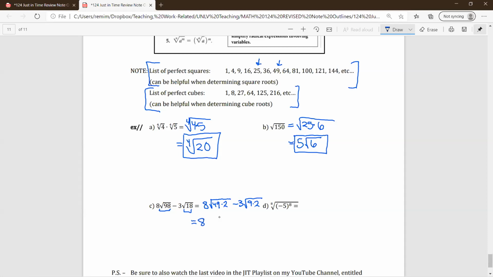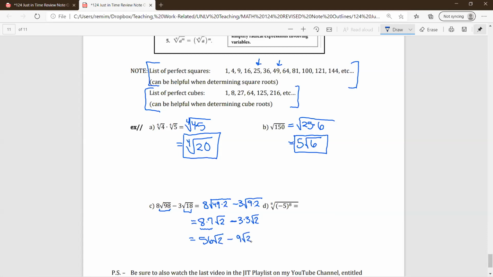So now, here I have root 49. Well, that's 7. So I can pull the 7 out, but the 2 has to stay in there. Minus 3 times, again, I can pull this root 9 out. Root 9 is 3, and the 2 has to stay in there because we can't break that down anymore. Now I can multiply the 8 and the 7. I get 56 root 2 minus 3 times 3, which is 9 root 2.